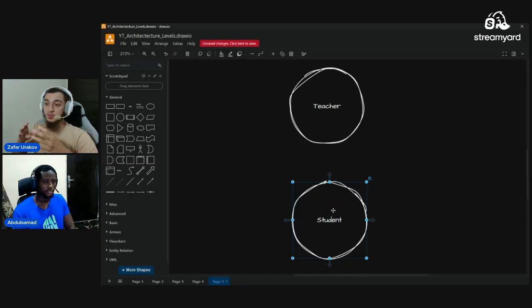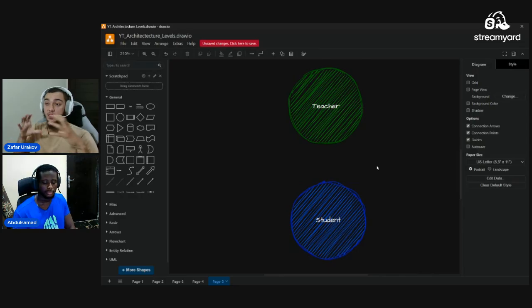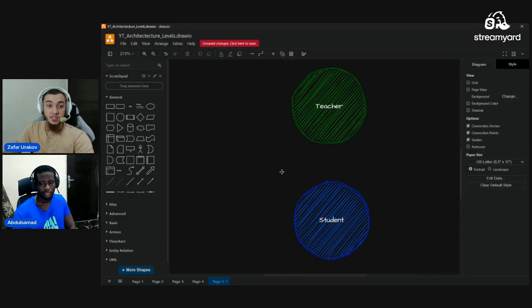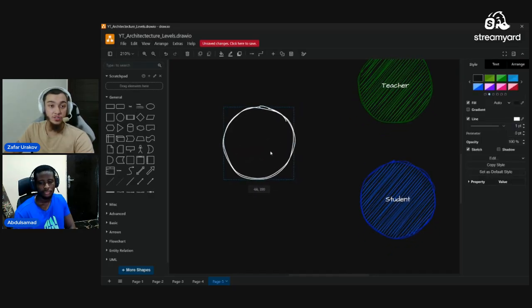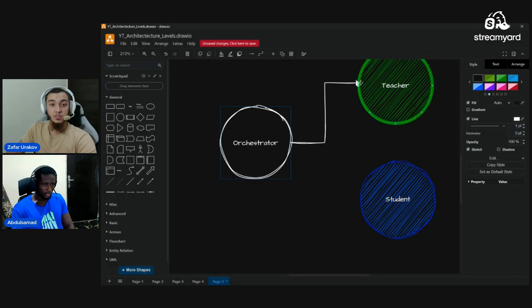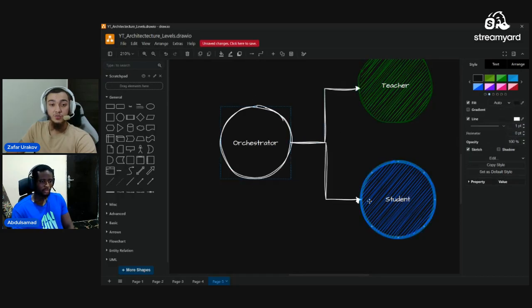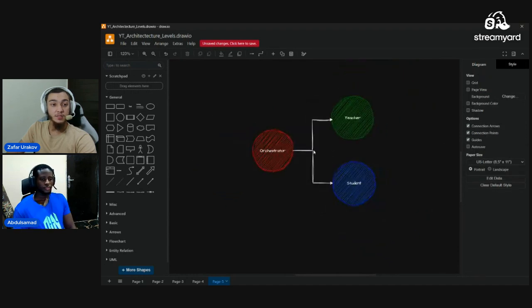For us to fetch the data from the teacher microservice and later perform some actions with the student, we will need to orchestrate these two entities. So we need something in between doing the orchestration. This is going to be the orchestrator, which is going to call the teacher first, and after that call the student. So this is how it looks.